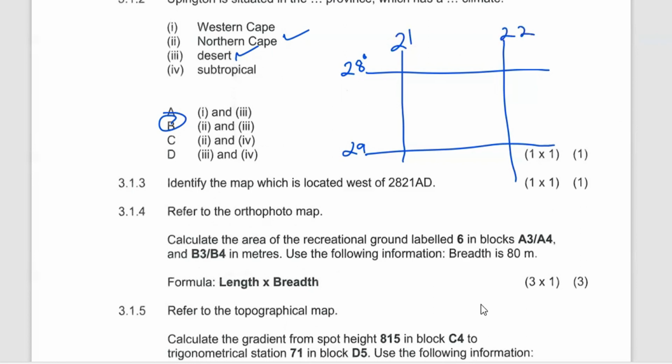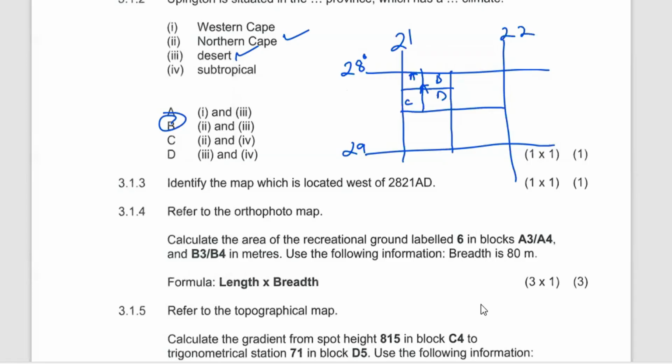In this block we have subdivisions of our map. This is our bigger block A, and in this bigger block A, we have small subdivisions, which are AA, AB, AC, and AD.